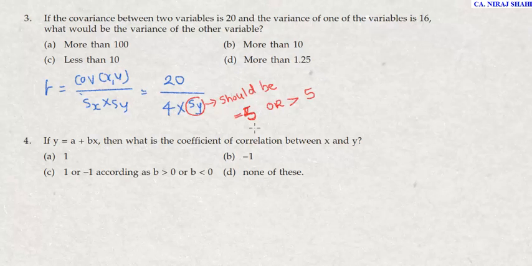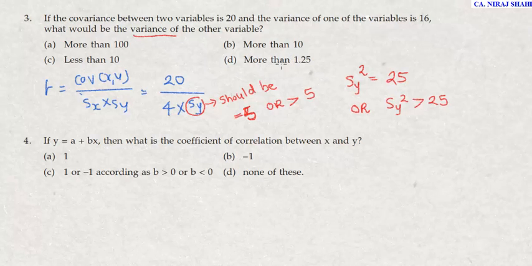So there are two possibilities here. Either sy should be equal to 5 or it should be greater than 5. Now we are actually required to comment on the variance of the variable, and this is actually the standard deviation. So my variance, that is sy square, should be either 25 or it should be greater than 25.